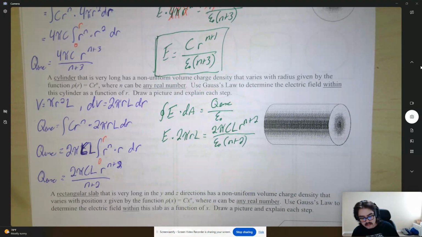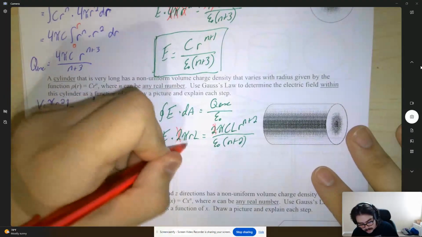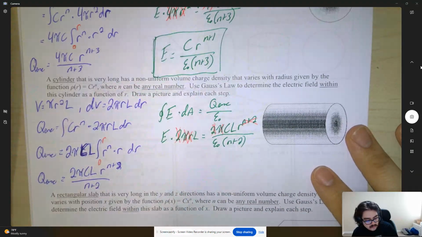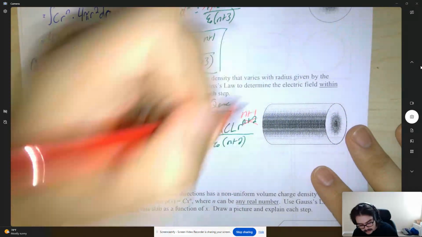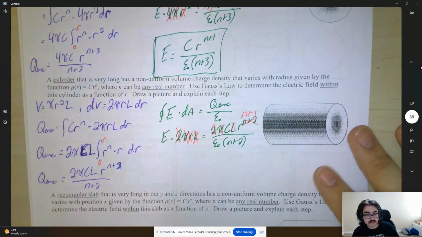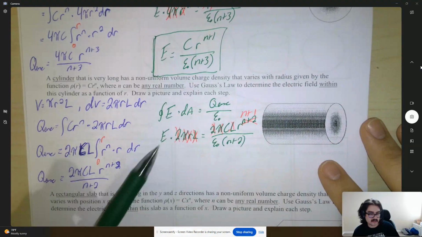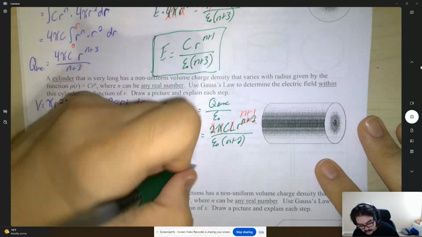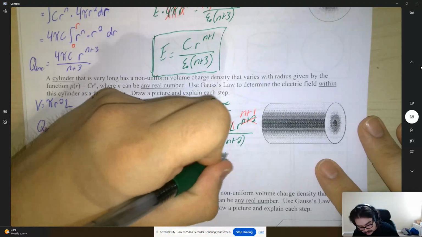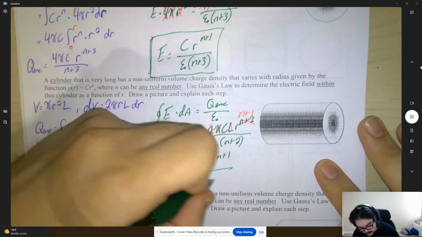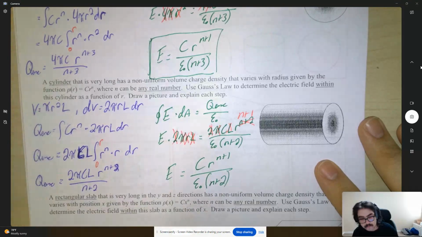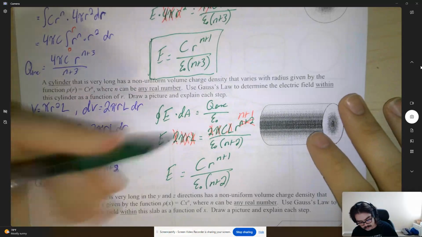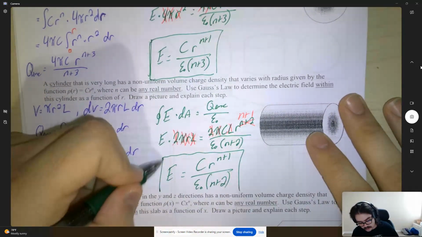The 2 cancels out with each other, pi cancels out with each other, r cancels out up here to give us n plus 1, and then L cancels out here too. So we actually completely eliminated the left-hand side except for E, and then we can solve for what E is going to be equal to. This is going to be CR to the n plus 1 over epsilon naught times n plus 2.